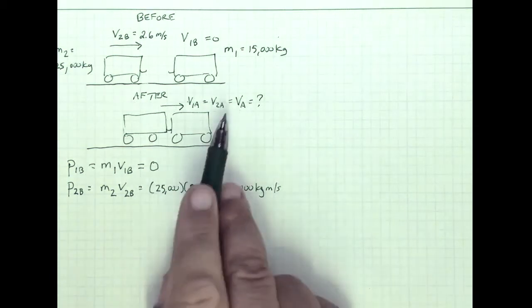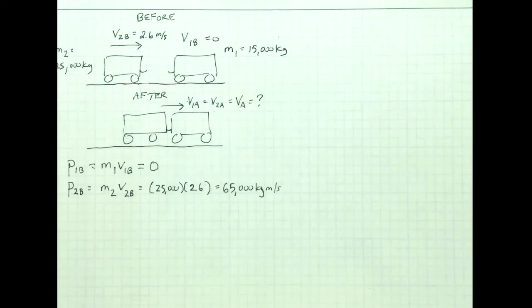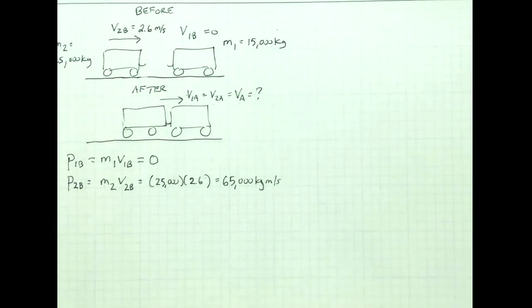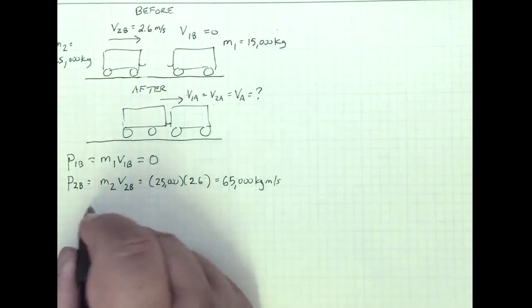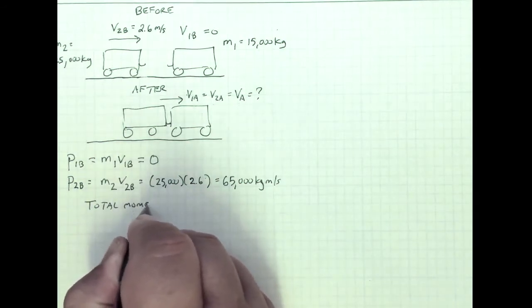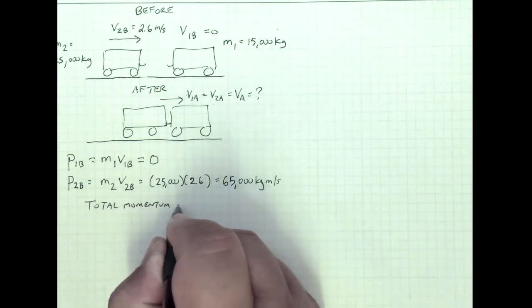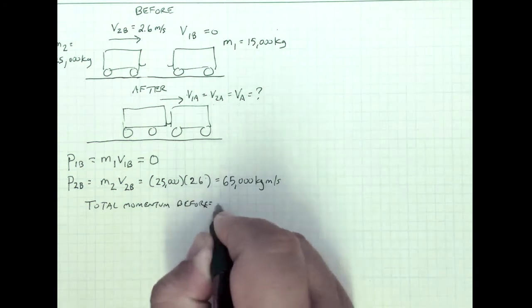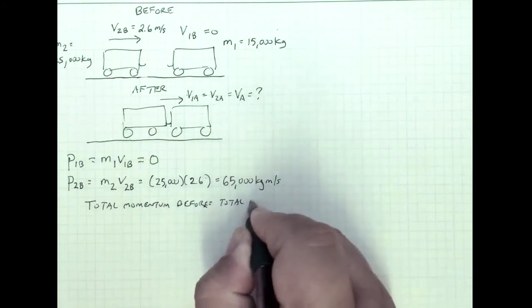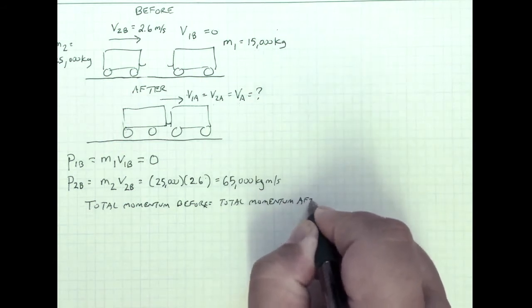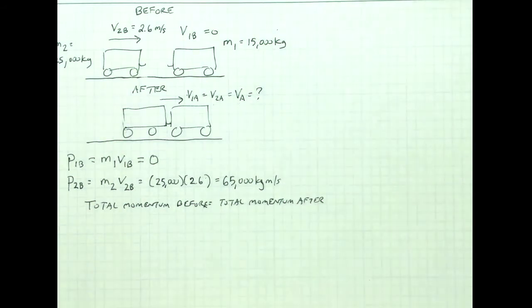Moving on to the second question, to find their common velocity after the collision, we take advantage of the principle of conservation of momentum, which says that the total momentum before the collision equals the total momentum after the collision.